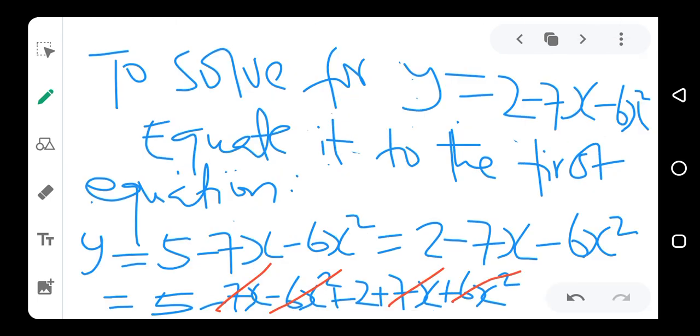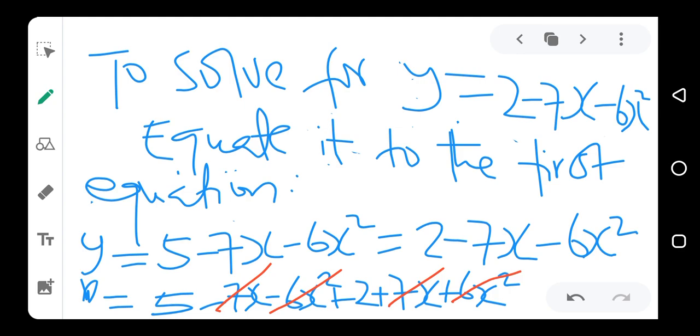Now, to get the root of the second equation, we equate the first equation with the second equation. That is this.